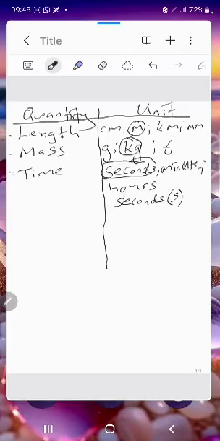Now let's move on. Next quantity is temperature. Temperature can be measured in degrees Celsius, can be measured in kelvins.